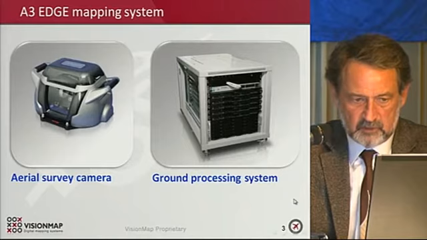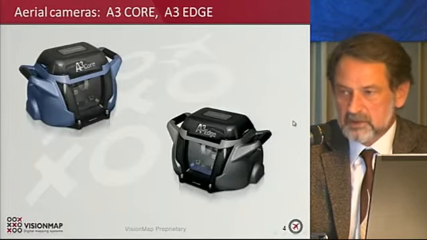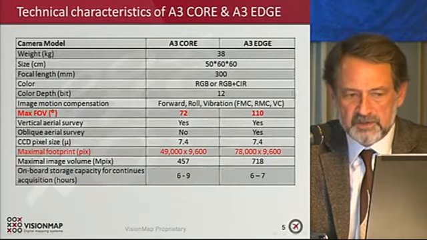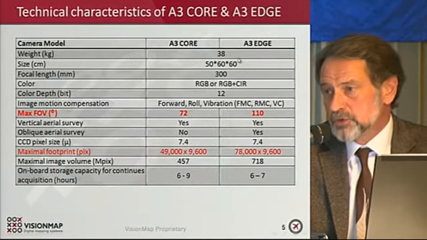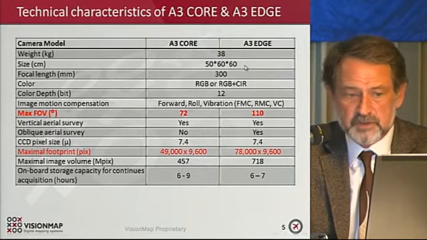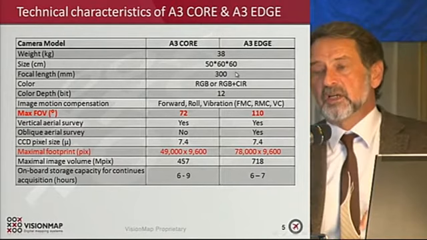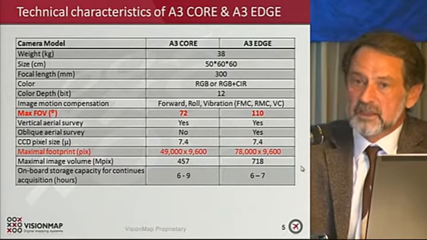This is how our camera looks. This is the system cluster, A3 Core, A3 Edge. Outwardly they look the same, with some of the parameters. It weighs 38 kilograms, size 50 by 60 by 60, focal length 300 millimeters.